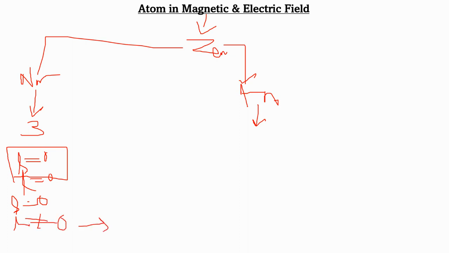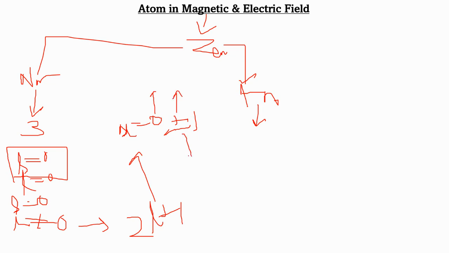A single level is split into 2L plus 1 levels. The selection rule for transition was delta m_L equal to 0 and plus or minus 1. Delta m_L equal to 0 gave one series of lines, plus 1 gave another series, and minus 1 gave another series. So there were three lines.